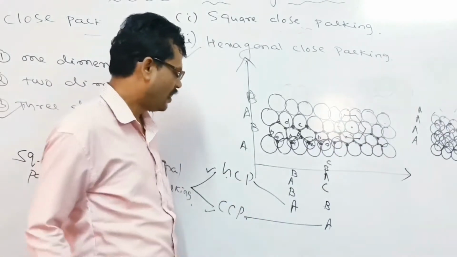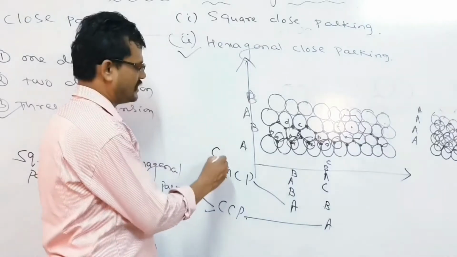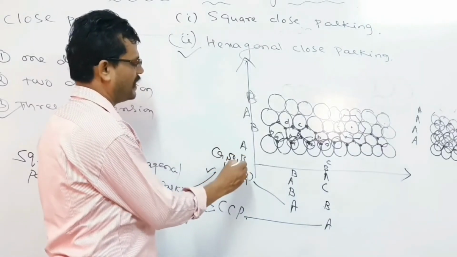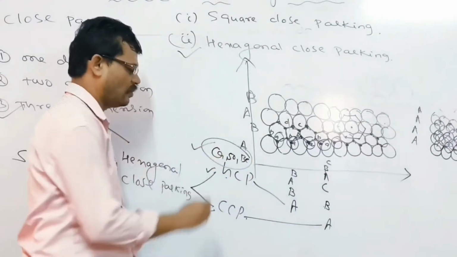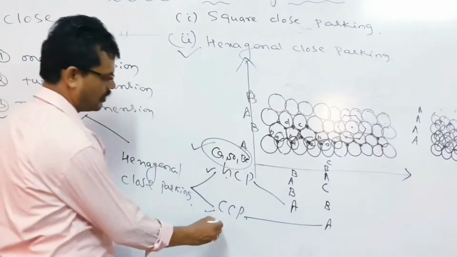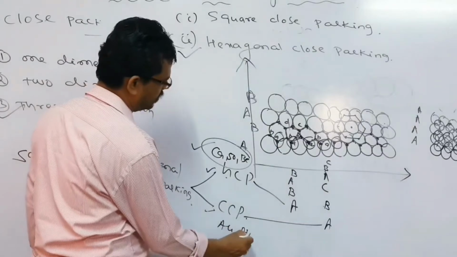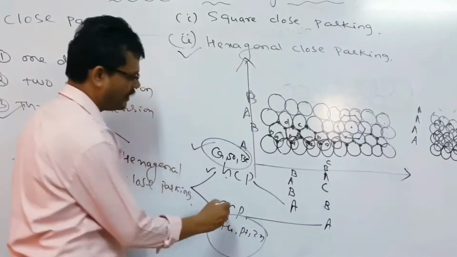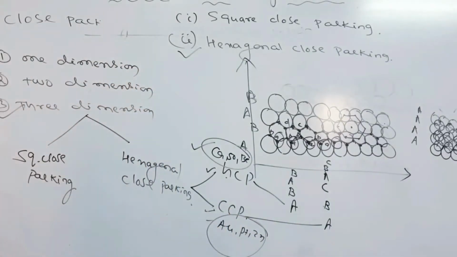For example, if you take elements like calcium, strontium, beryllium, all will undergo this HCP type of packing. But if you take gold, platinum, zinc, these metals, they will go to CCP type of packing, that is a cubic close type of packing.